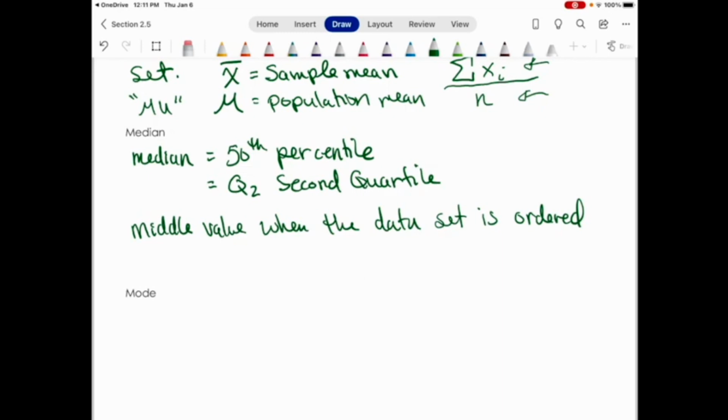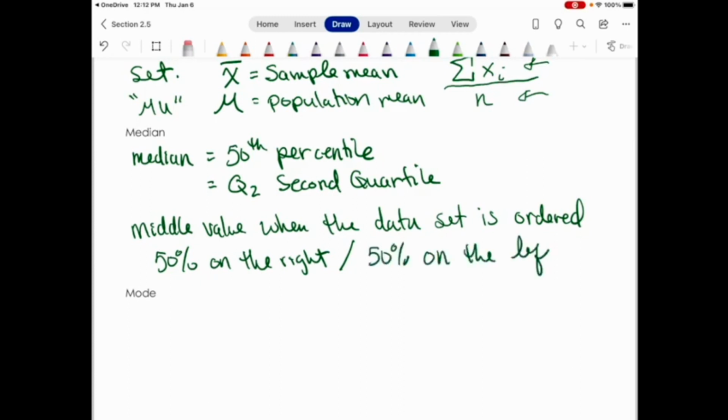And that's going to cut the data in half. So there will be 50% of the data on the right of the value and 50% of the data on the left of that data value. And that, again, only works if the data is in order from left to right.